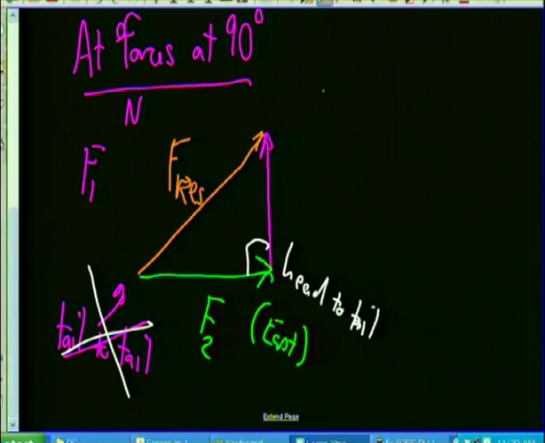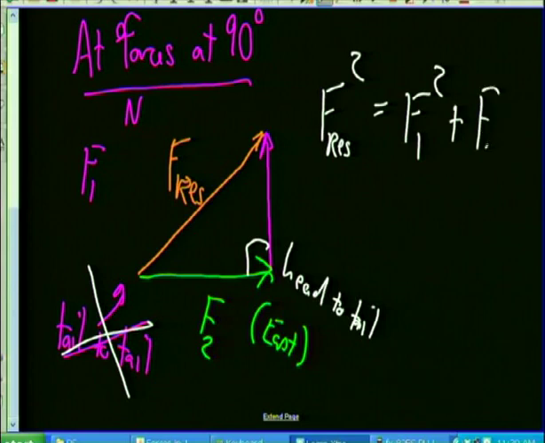We're going to remember Pythagoras' law, which says the resultant, which is the hypotenuse in this case, squared, is equal to the sum of the squares of the other two. So it's equal to F1 squared plus F2 squared. So we take the force, square it, add it to the other force squared, and then we'll be able to find the resultant by taking the square root.